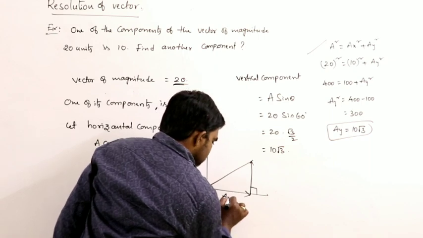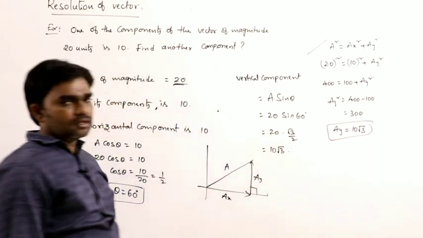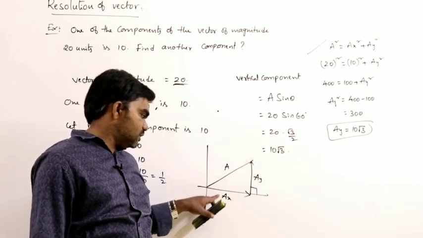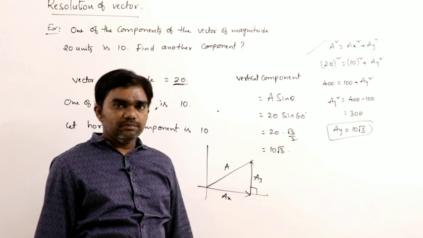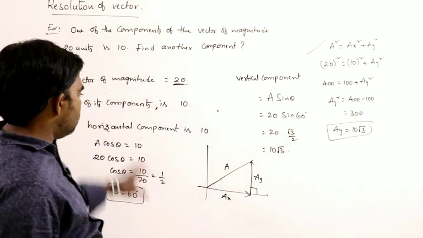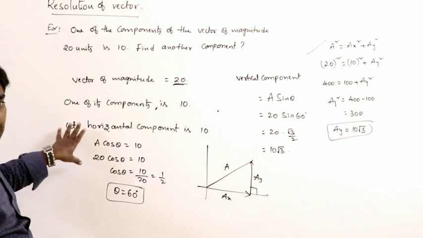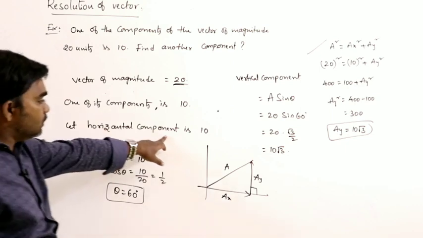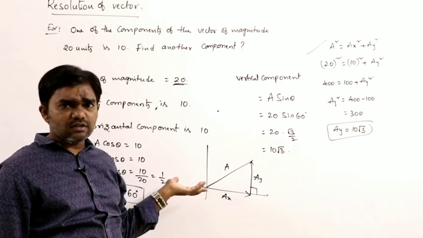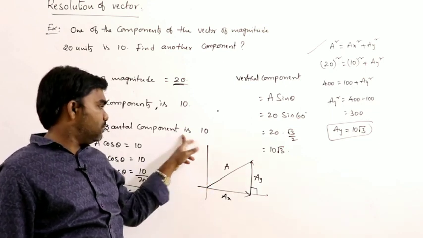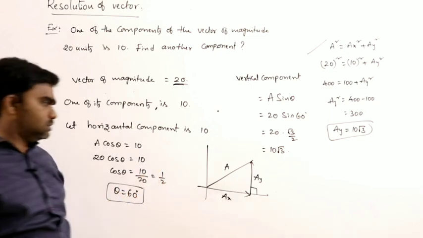Let us say it is ax, this is ay and this is a. Just apply the Pythagoras theorem: hypotenuse square equals adjacent side square plus opposite side square. Simple thing. Or, conceptually, based on resolution of vectors, given the horizontal component, or we can consider the vertical component, anything we can consider. If it is the vertical component, let us say a sin theta is 10.